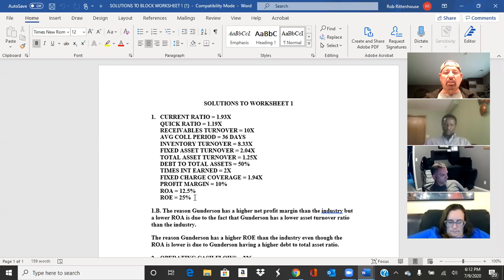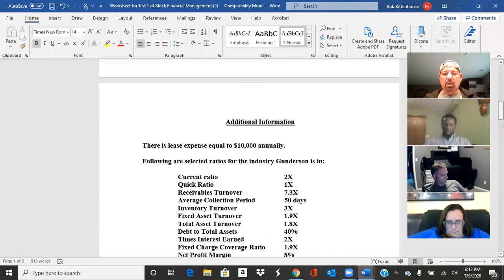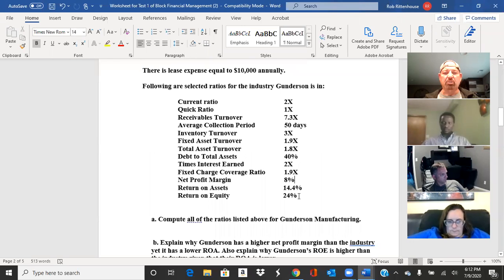And the industry average for that is 24%. So even though our return on assets was lower than the industry, ours was 12.5%. The industry's return on assets was 14.4%. Our return on equity slightly exceeds the industry because we have 25%. The industry return on equity is 24%.